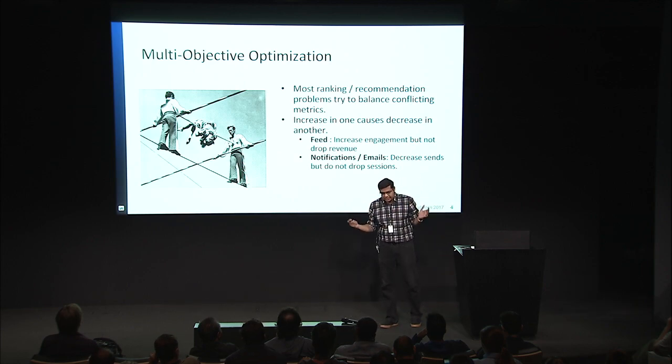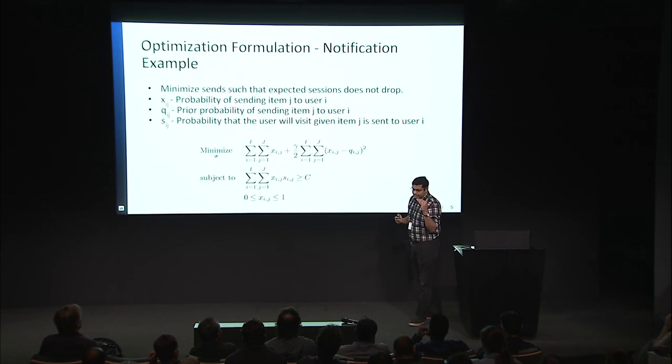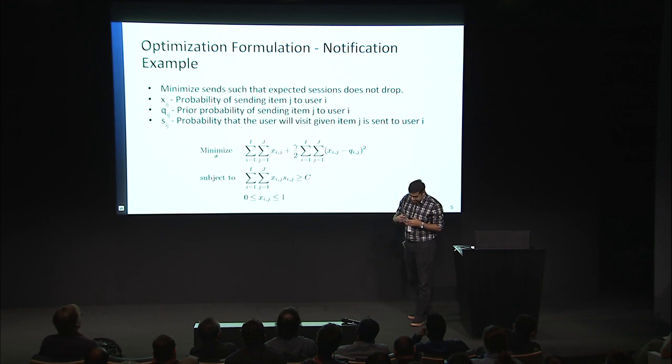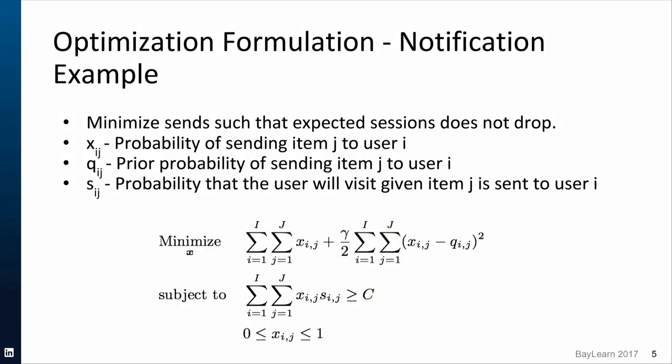So if we want to solve this kind of problem and do the ranking, how do we actually go about it? This is how we try to formalize this optimization problem. Consider the problem that we are solving: minimizing sends while the sessions do not drop. So I'll talk a little bit about the notation which will help in the rest of the talk.